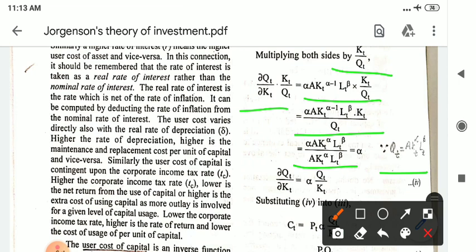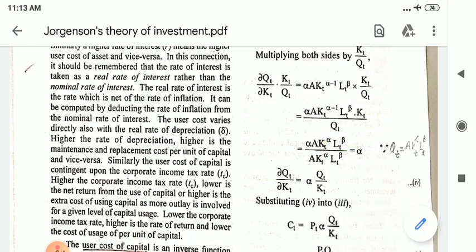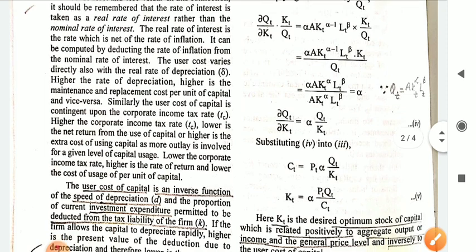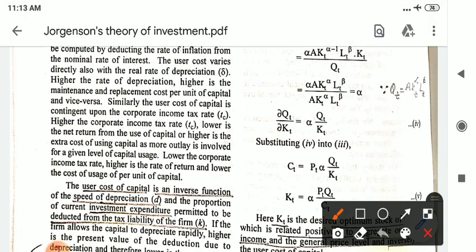This is the value of Q_t, the Cobb-Douglas production function, and therefore we write it in the denominator. What is left is that we cancel this in numerator and denominator, and we are left with alpha. So we get ∂Q_t/∂K_t equal to, cross multiplying, alpha into Q_t divided by K_t.